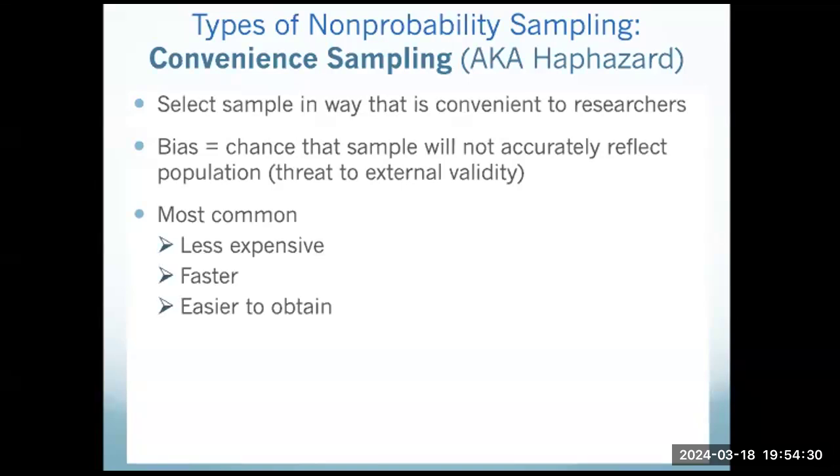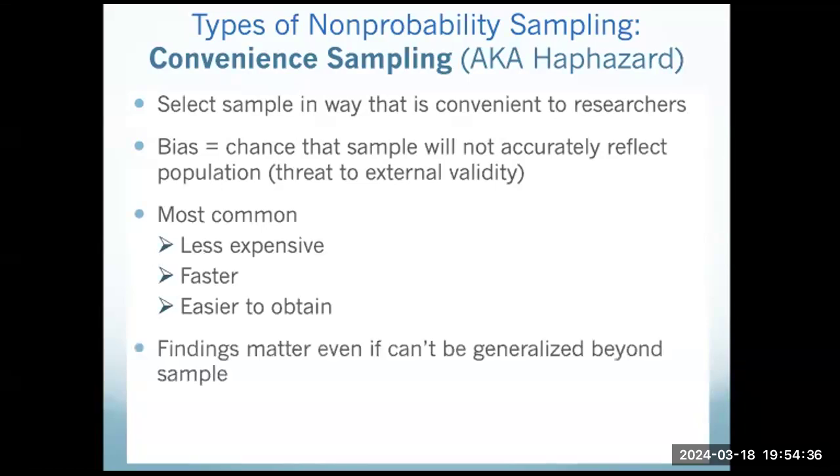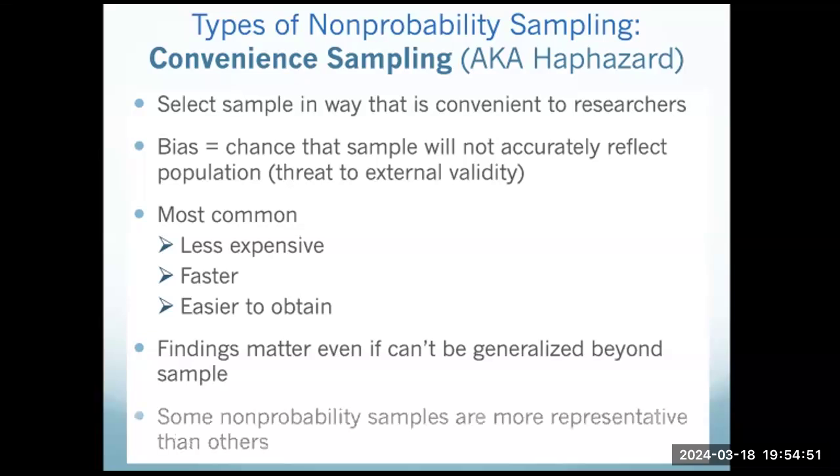What we do find is that even if something is determined through convenience sampling, a lot of times we do find it in other groups as well. So findings still matter. We still want to report it, even if somebody might argue you can't totally generalize it because it's convenience sampling. It's still interesting findings that we get, right?